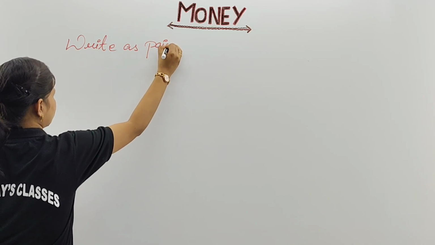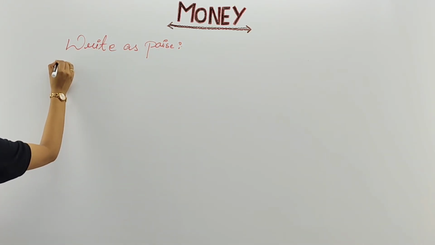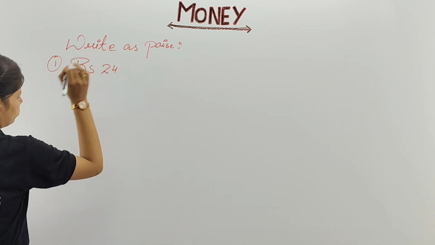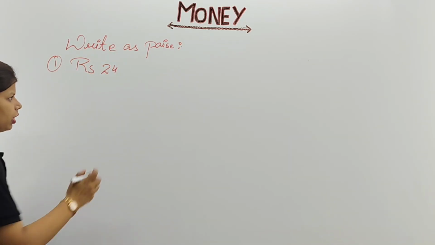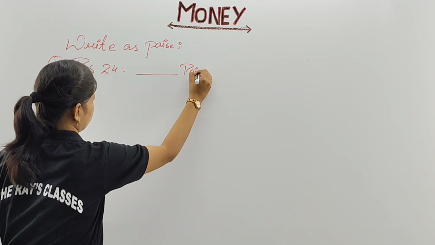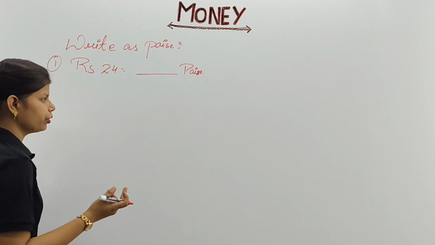One question I have already discussed. Like first is rupees 24. You have to convert directly into paise. So what you will do? What is your priority? What you are going to do?